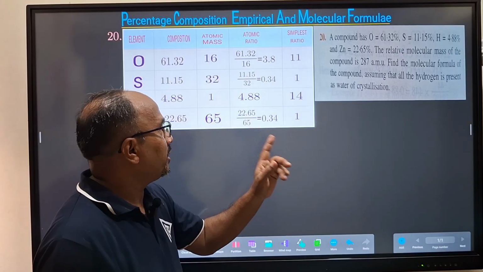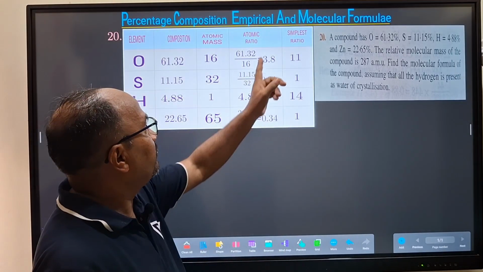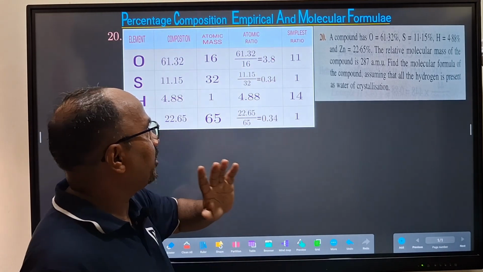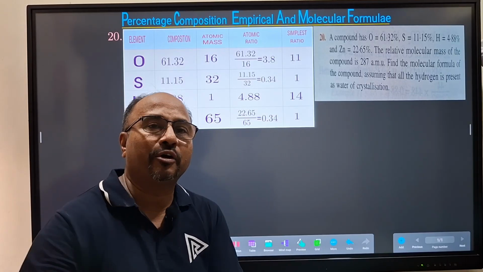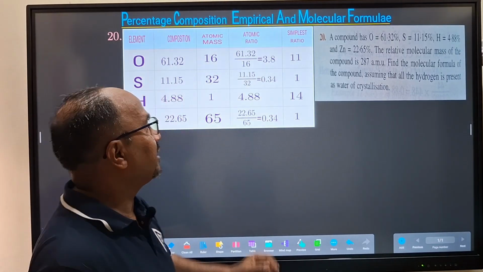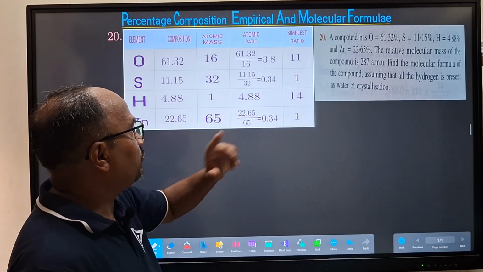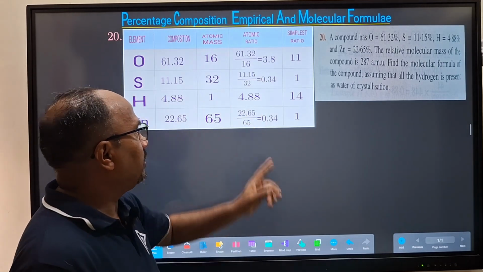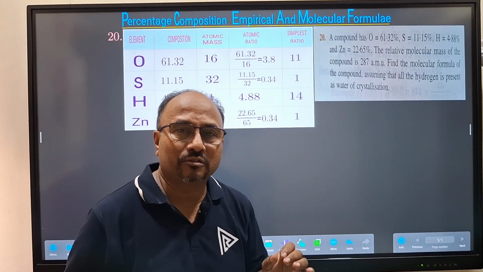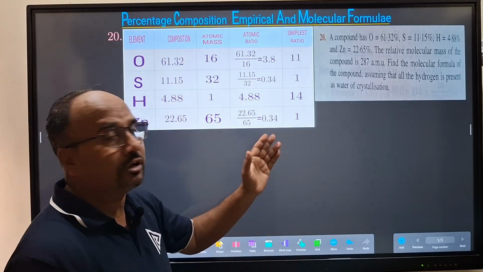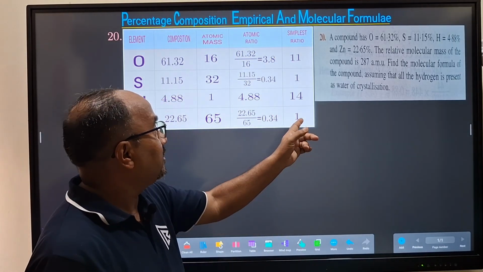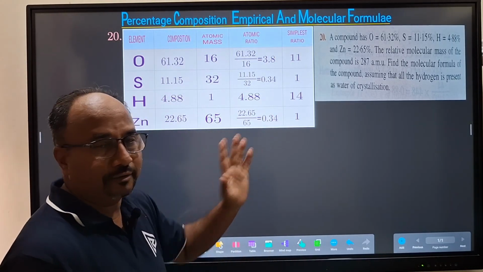So the lowest one is 0.34. When you divide 3.8 with 0.34, you get it as 11 point something. As a whole number, we write it 11. 0.34 divided by 0.34 is 1. 4.88 you divide it with 0.34, rounded off gives you 14. And here it comes to 1.